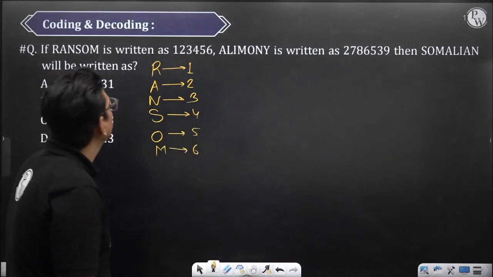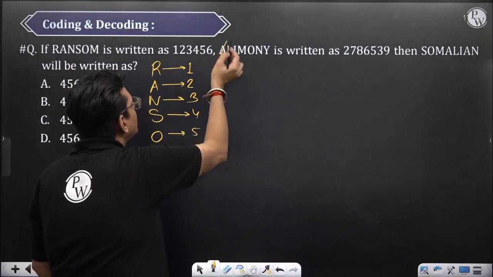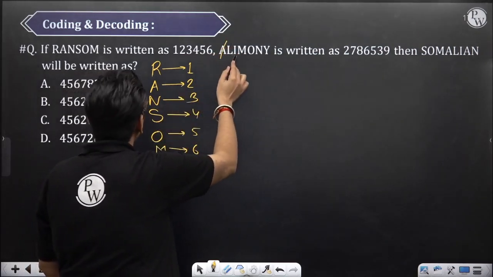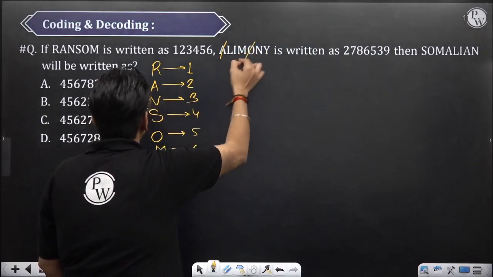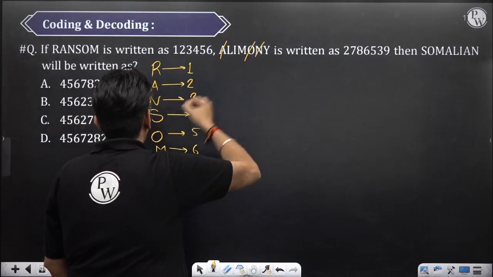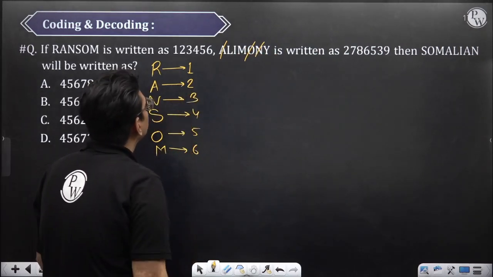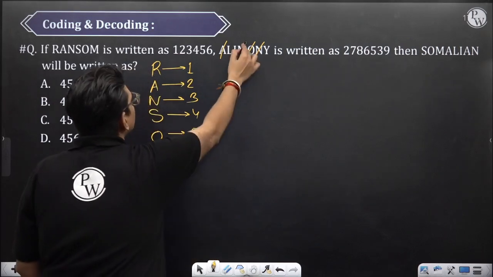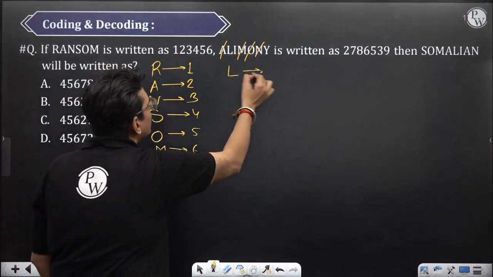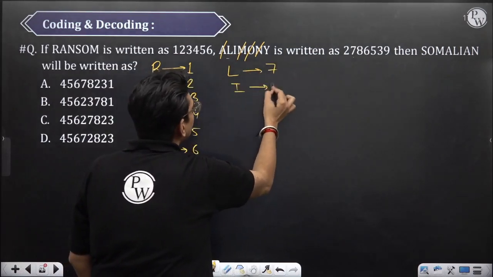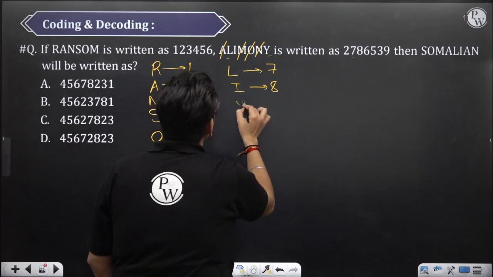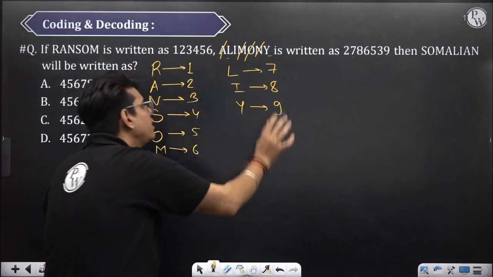Now what are the values directly written here? A can be cancelled. We have L, we don't have I, we don't have M. O is there, N is there, and Y is not there. M is there. So L is nothing but the second, which is 7. I is nothing but 8, and the last one Y is nothing but 9. So these are the codes.